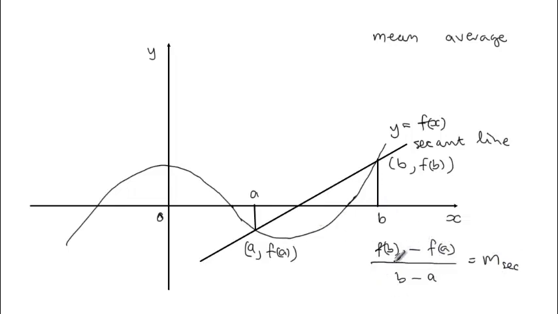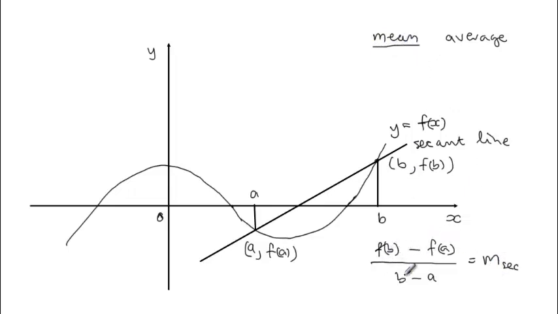Now, this gradient can be interpreted as the average slope of the curve y equals f of x between the points A and B. That's why the theorem is called the mean value theorem.